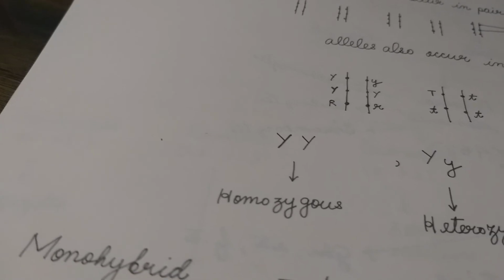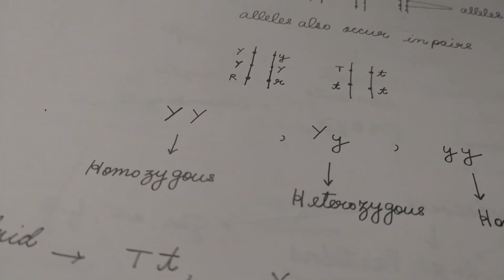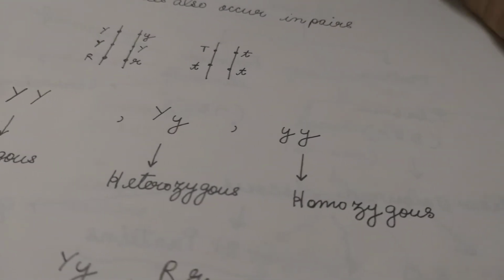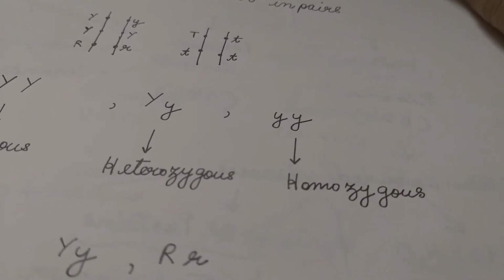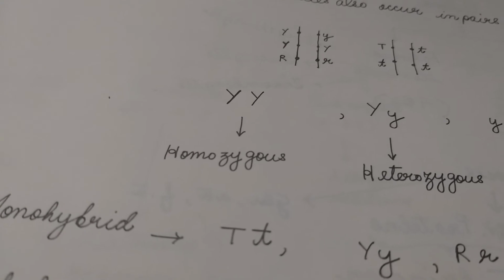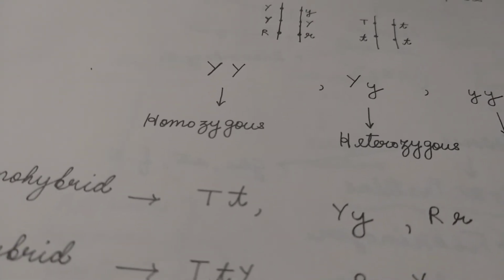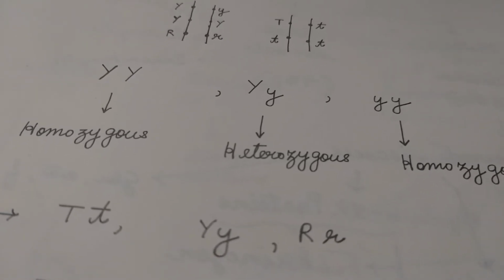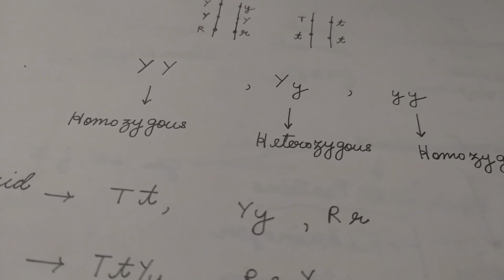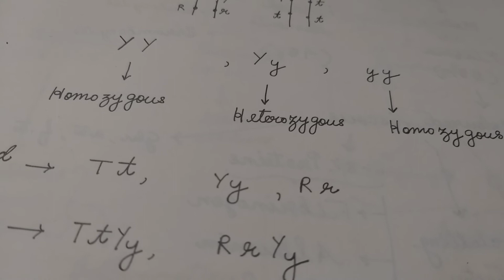This is homozygous, this is heterozygous or hybrid, and this is homozygous. Alleles are similar. Please remember, by two letters, capital Y, capital T, capital R, small r, we are representing a diploid individual.